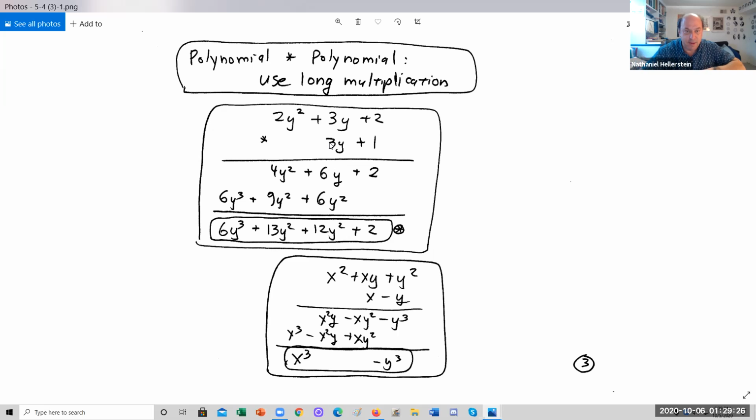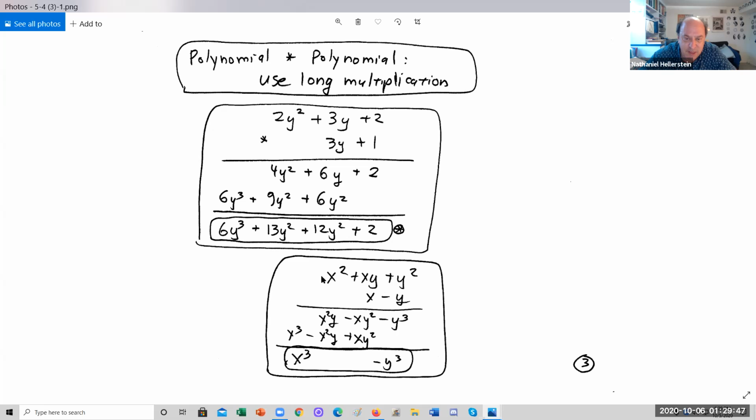Oh, dear. This one's a little bit better. Y squared plus xy. I definitely should make a marker point off from me for that. Y squared plus xy plus y squared times x minus y. Okay, y times this is a minus y cubed. Y times this is a minus xy squared.